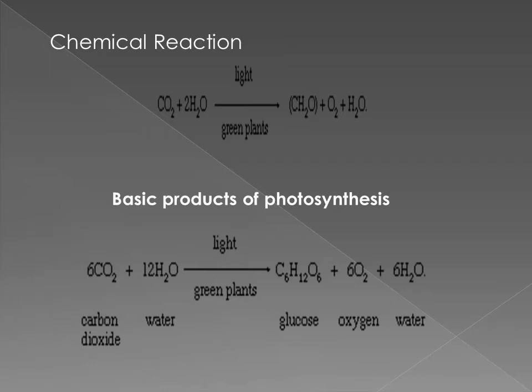As has been stated, carbohydrates are the most important direct organic product of photosynthesis in the majority of green plants. The formation of the simple carbohydrate glucose is indicated by a chemical equation.